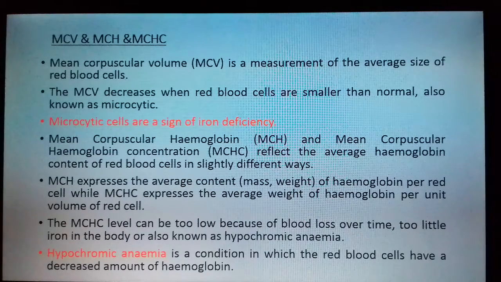The MCHC level can be too low because of blood loss over time, too little iron in the body, also known as hypochromic anemia. Hypochromic anemia is a condition in which red blood cells have a decreased amount of hemoglobin.